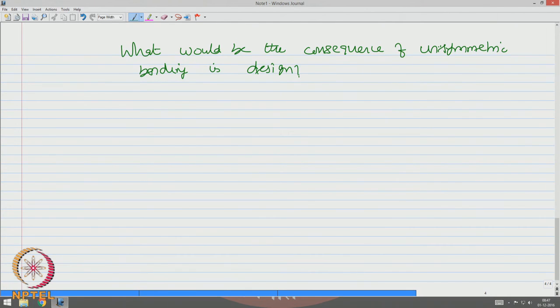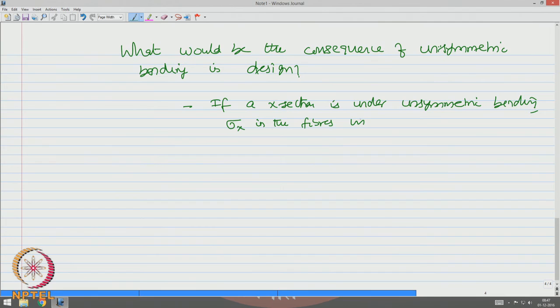The answer is very simple. If your cross section is under unsymmetric bending, stresses are magnified.